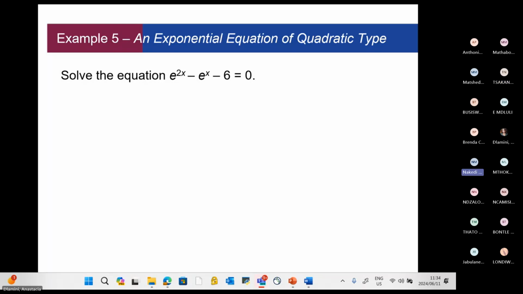So we're going to say 2x ln e, the natural log of e, minus x ln e is equal to ln 6. So we're going to be left with 2x minus x equal to ln 6. So our answer will be x equal to ln 6.